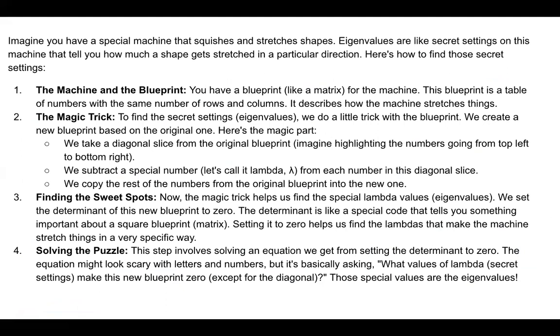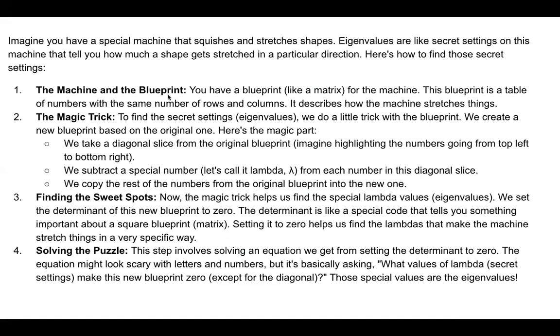Then in the next slide, we go into the mathematical details. So imagine you have a special machine that either squishes or stretches a shape, so either it compresses or stretches a shape. That's the machine. And the eigenvalues are little secret settings on this machine that tell you how much the shape gets stretched in a particular direction.